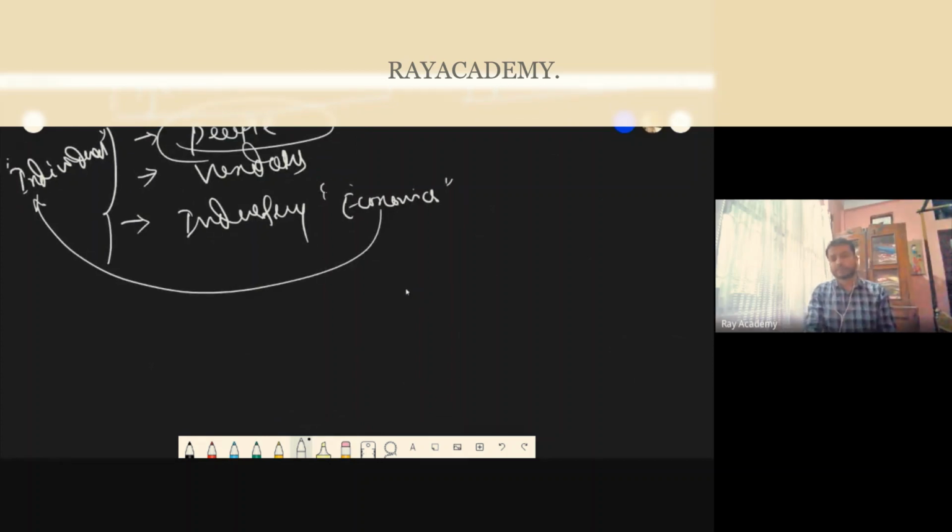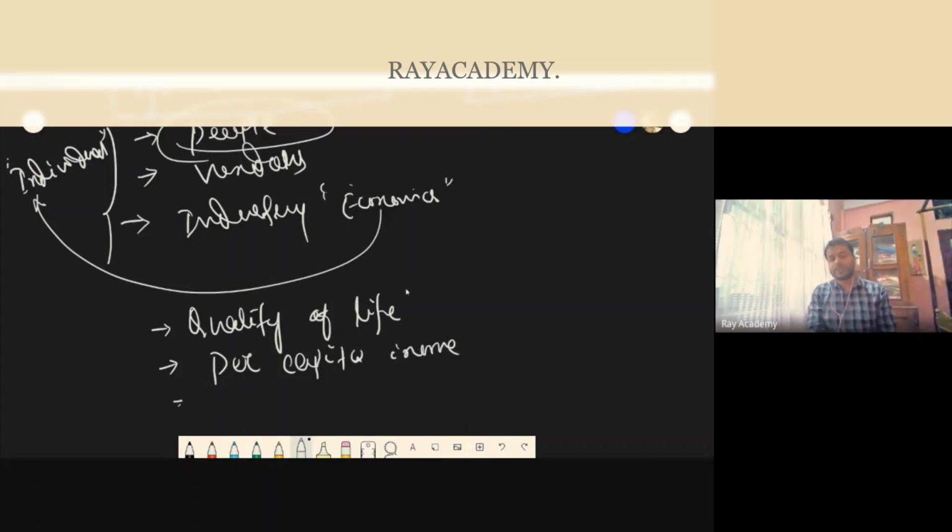That means what is the quality of life, what is per capita income, that means how much money every individual earns per day on an average.